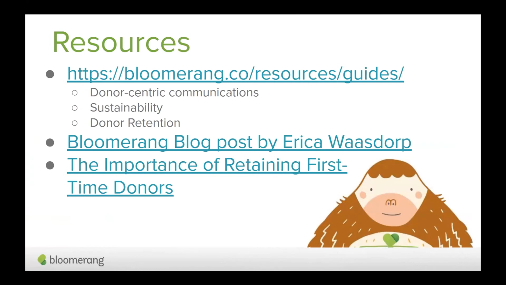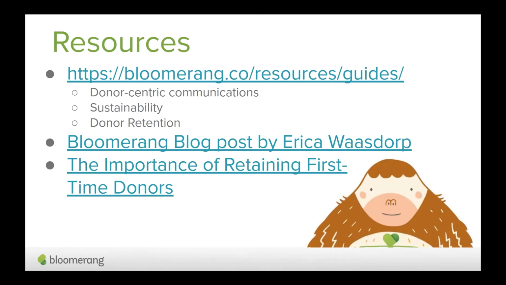I also strongly recommend the Bloomerang blog post by Erica Wastorp. She is even more excited about recurring giving than I am. And her blog posts are really great, reading about what you can do, the impact it can make, how you can really build it out as part of your recurring giving, and the importance of stewardship. So her writing is fantastic.